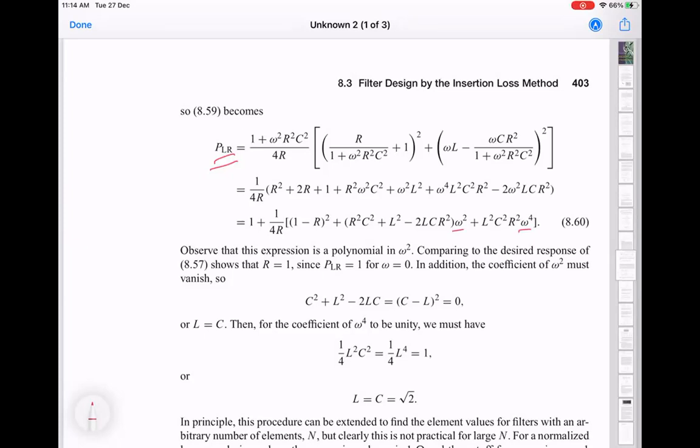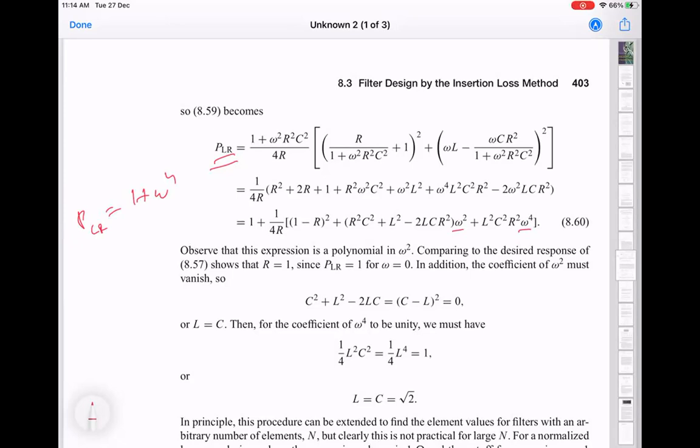Now we want this to look like, because we want PLR to be 1 plus omega to the power fourth. This is the function we're trying to implement. So you now try to identify features here which would give you that. So we need R equal to 1.